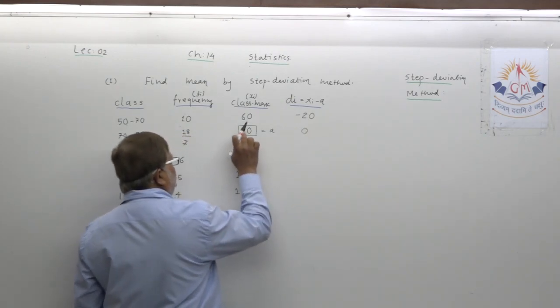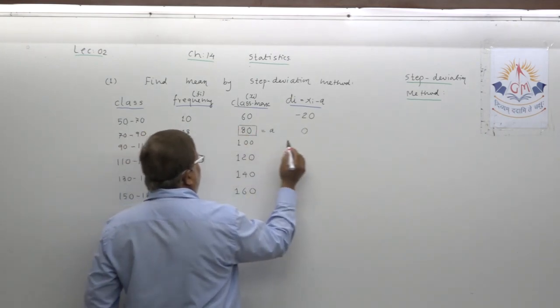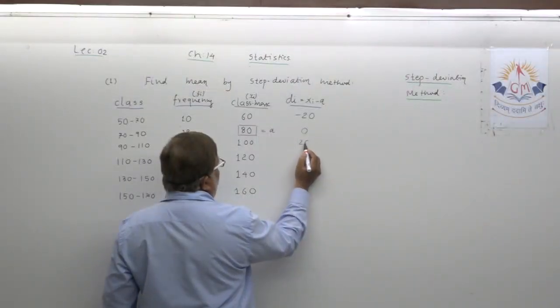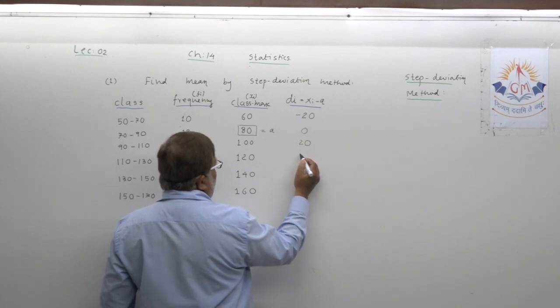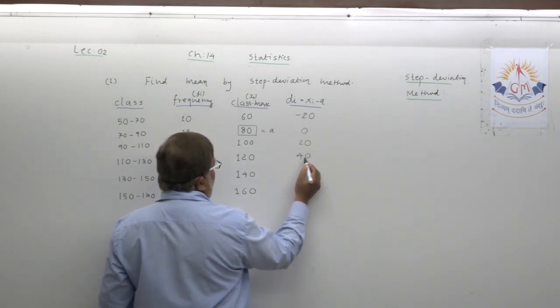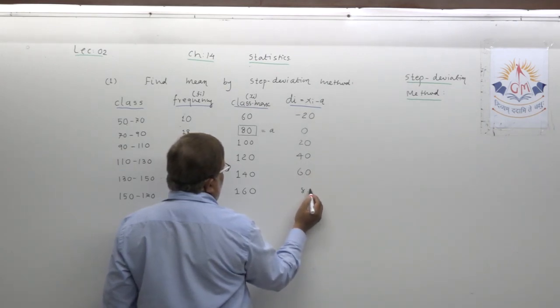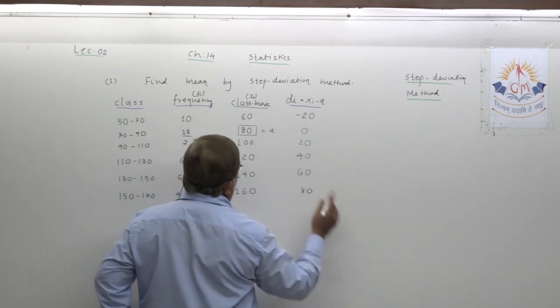Now xi minus a, 100 minus 80, that is 20. Now dear student, you all know the difference of 20 is going to occur: 40, then 60, and then 80.